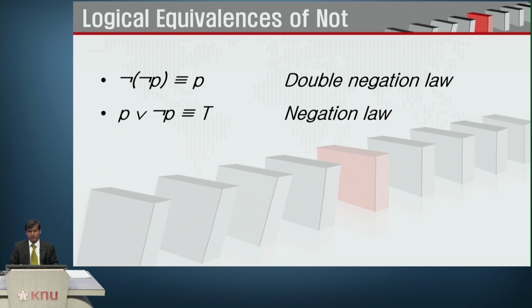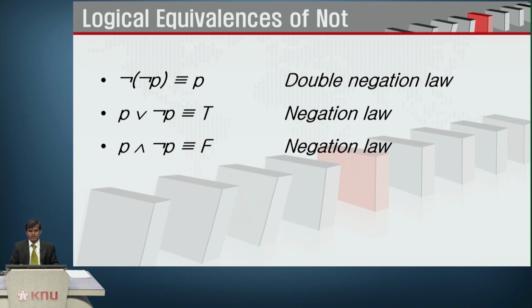P or negation of P is equivalent to the true value. We have already seen that as the tautology, and that's the negation law as well. No matter what the value of P, because if P is 0, the negation of P is going to be 1. So when you OR these two values, you are getting a true value.